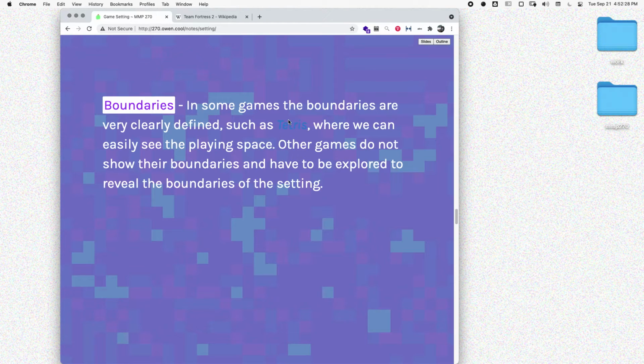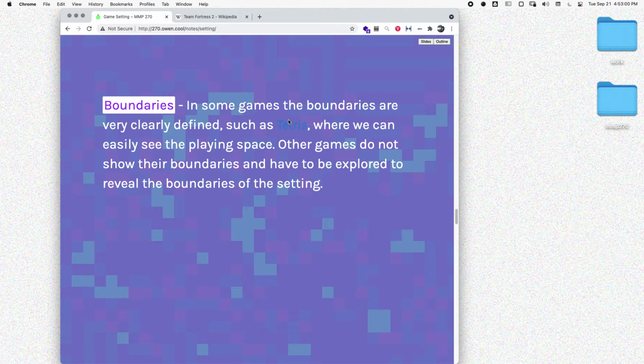In a lot of games you have to explore the world, whether it's a simulation and you're moving the map around, or if it's a first person game and you have to walk around and explore things to figure out what the boundaries of the world are. We as the game designer have to think about those boundaries and how we communicate them. If there's a game with a bunch of open empty space, and we don't communicate that there's nothing over there, the player might spend all day walking through an empty space.